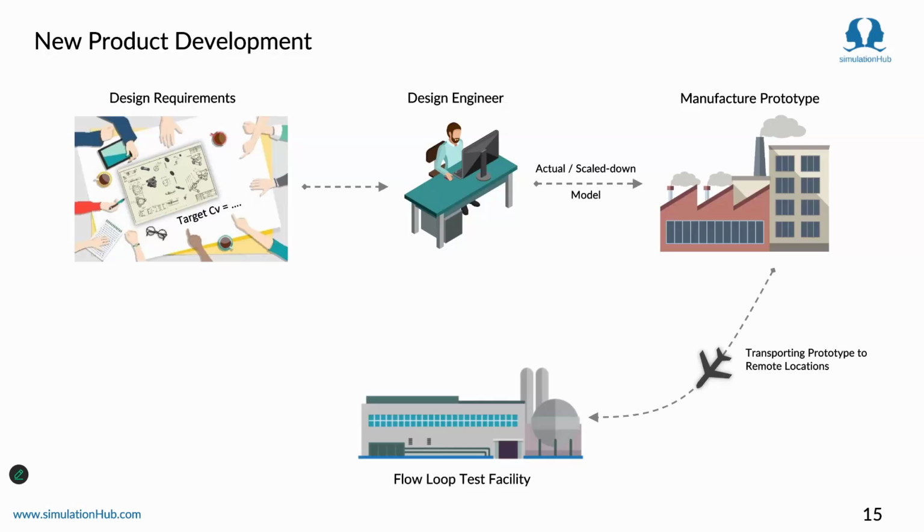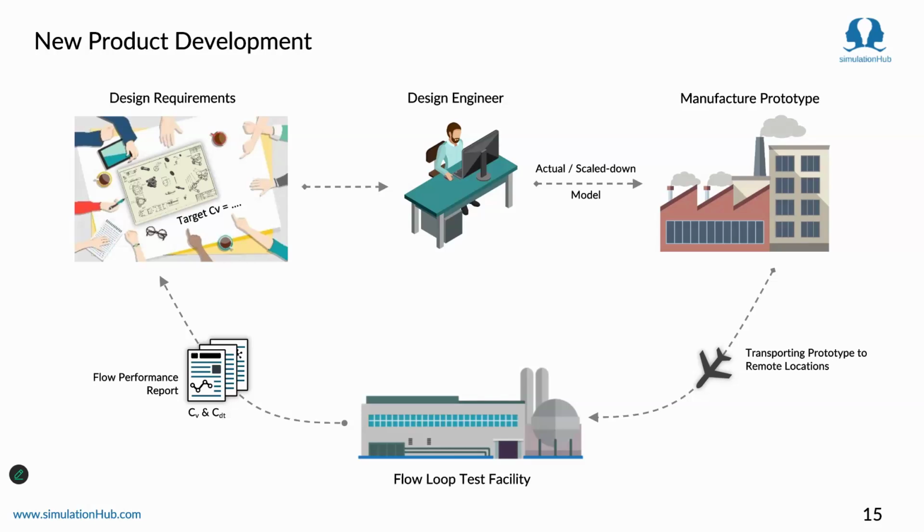So manufacturing the prototype takes time. Transporting it to the flow loop facility, again, is time consuming. And the flow loop test will give you the CV and CDT parameters.